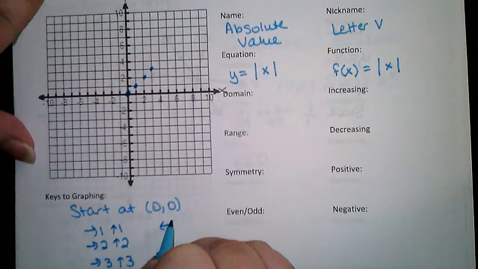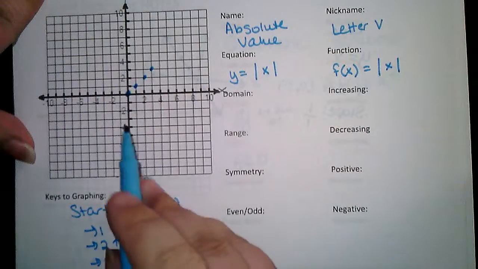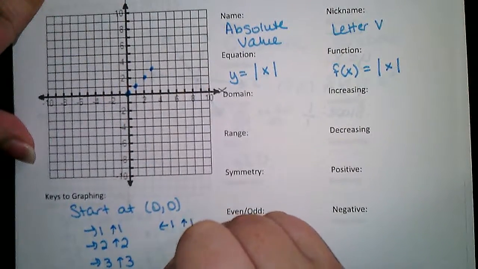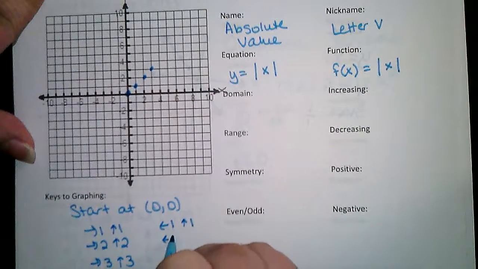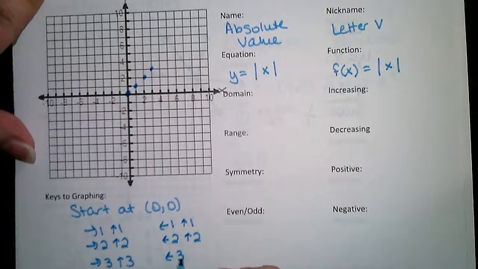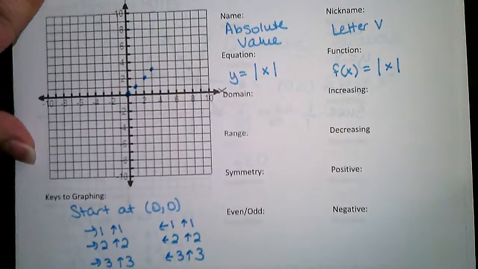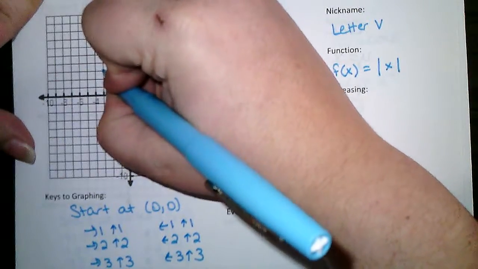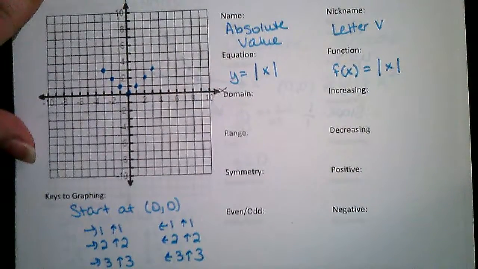Well, if I put negative 1, which is left in a negative direction, into the absolute value, it would give me positive 1. What do you think about negative 2? Also positive 2. How about negative 3? Also positive 3, and so on. But we're going to stop there because we can. No need to go on and on and on.